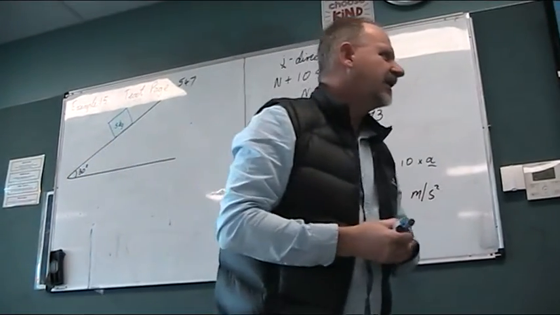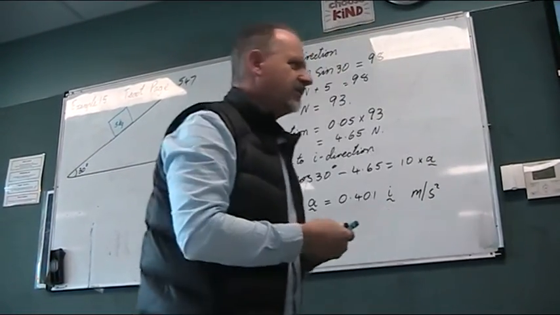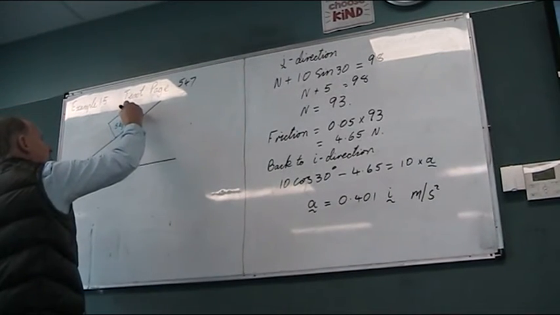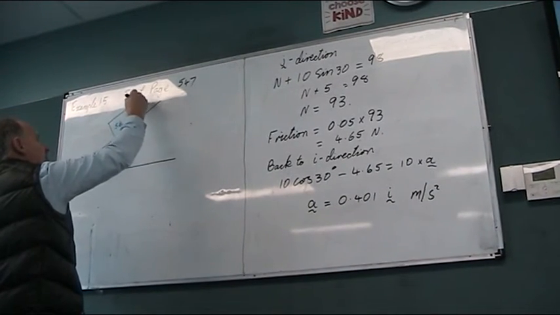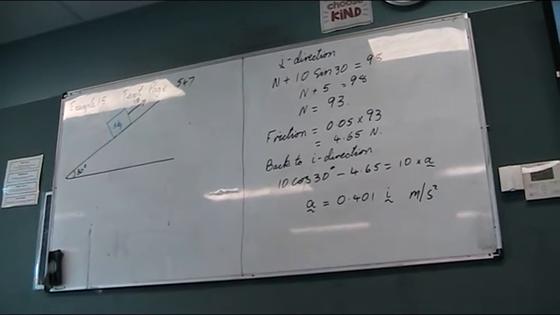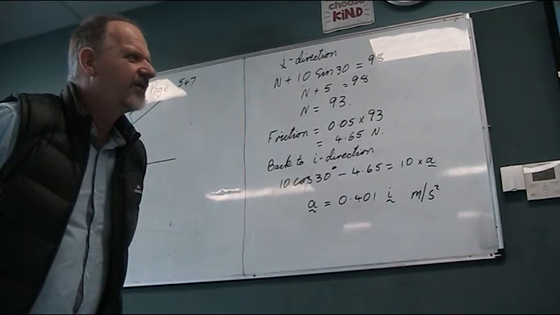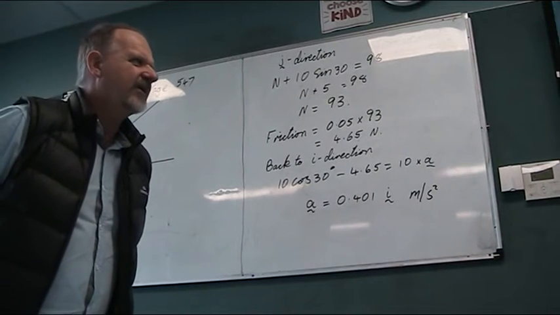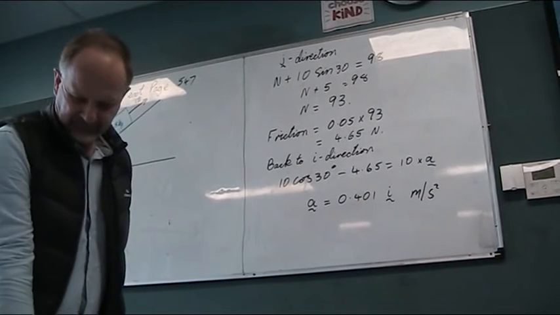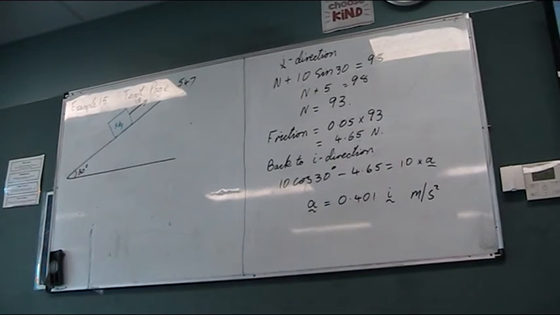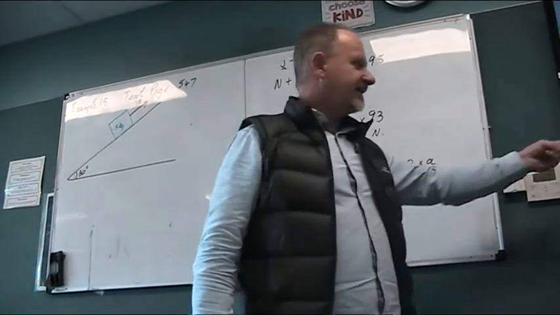There's a force of 15 Newton acting up the plane. So if it's acting up the plane, we're going that way, that's 15. Find the acceleration of the particle down the plane and the reaction force R. Alright, so they haven't mentioned anything about friction here in the text.